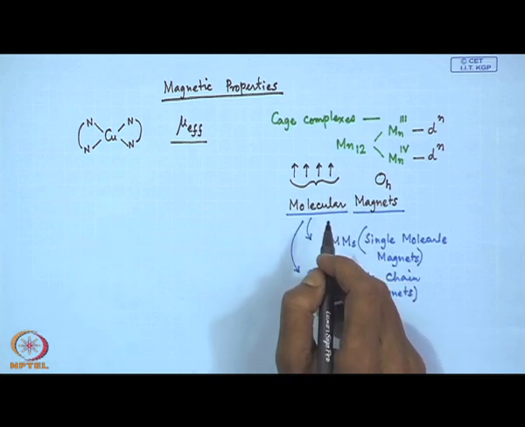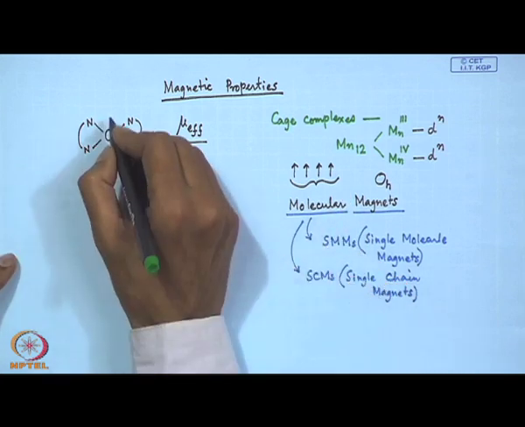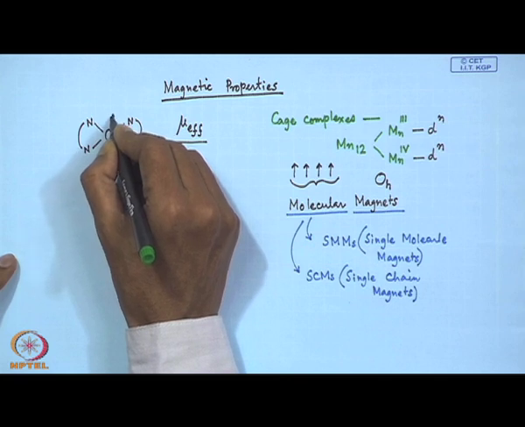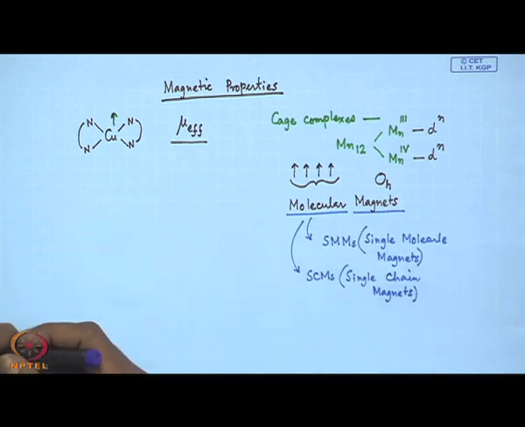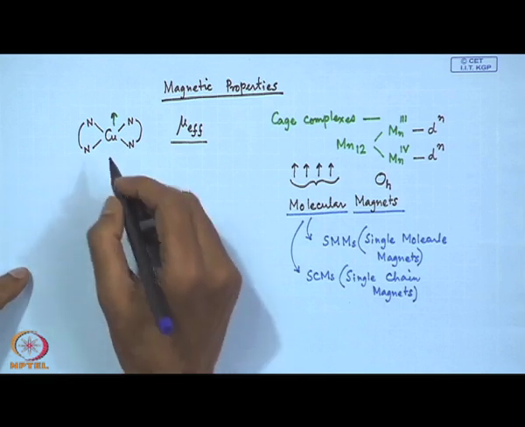But before going to talk about all these things, let us see what happens when we have a single unpaired electron in a metal complex like a copper 2 complex of 2 bidentate NN donor ligands.